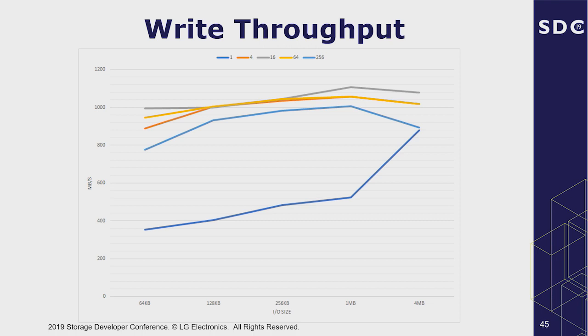On the x-axis, we plot the buffer size of FIO, and on the y-axis, throughput in megabytes per second. The peak throughput is 1,106 megabytes per second when the buffer size is 1 megabyte and the number of threads is 16.